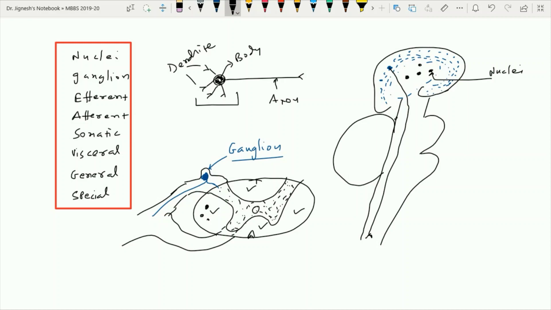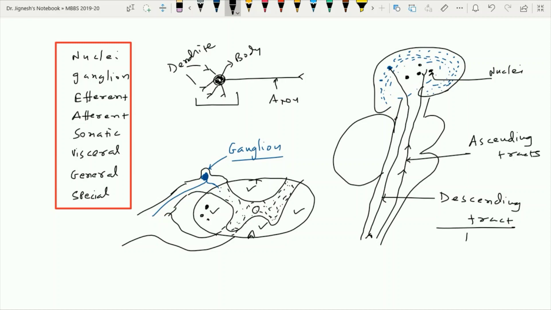These fibers are descending fibers, and they are called the descending tract, while some fibers pass from the spinal cord and reach up to the cerebral cortex. These fibers pass upward, and that's why these tracts are called the ascending tracts. These descending tracts are always motor in nature, while these ascending tracts are always sensory in nature.